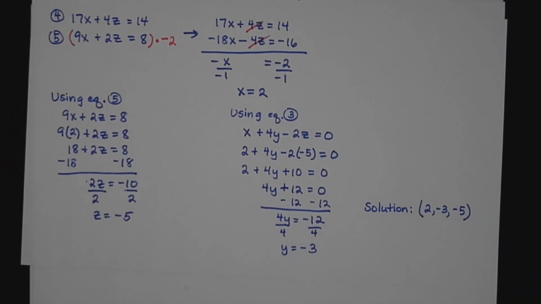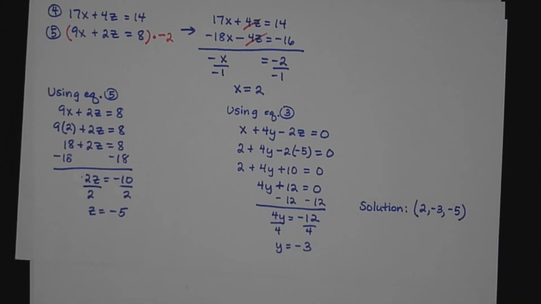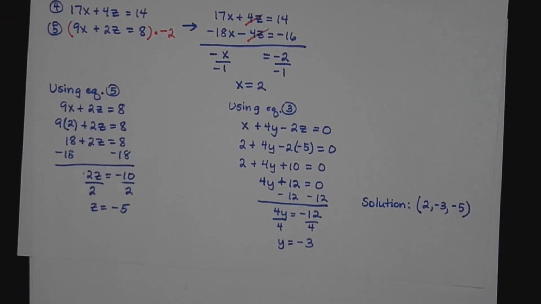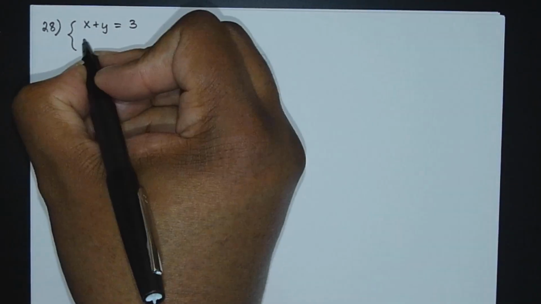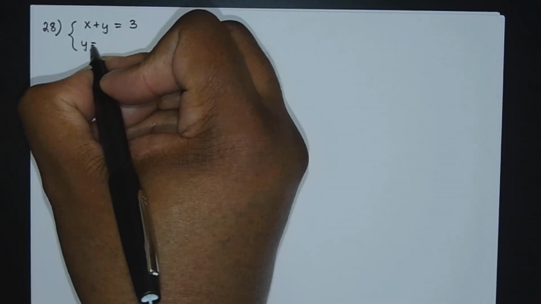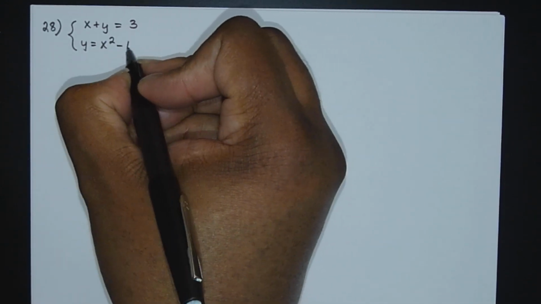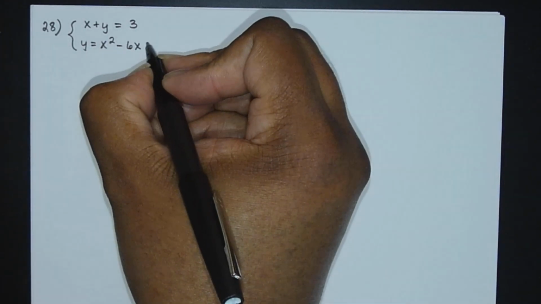All right, number 28 is solving the system by using the substitution method. And in this case, you got x plus y is equal to 3. And the other equation is y is equal to x squared minus 6x plus 9.